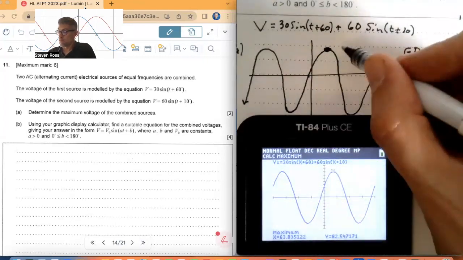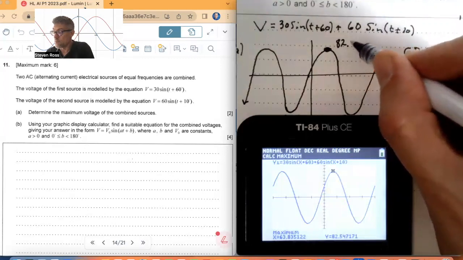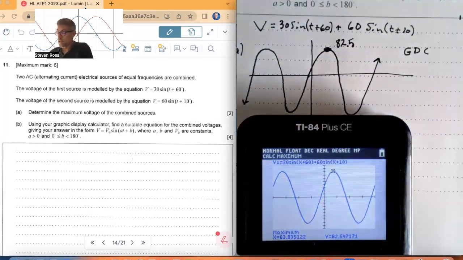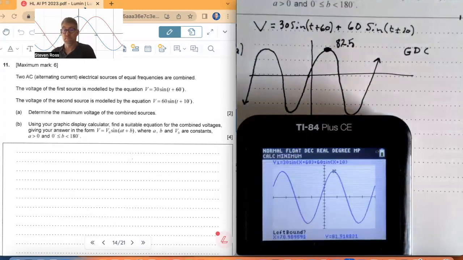And so what I found is at 63 degrees my maximum is 82.5. And let's check the minimum as well.